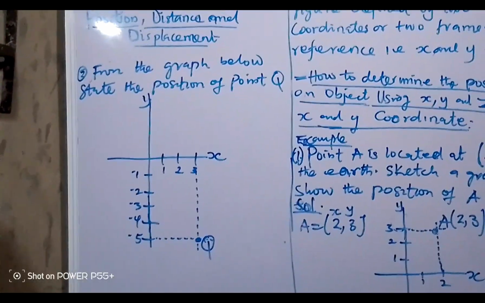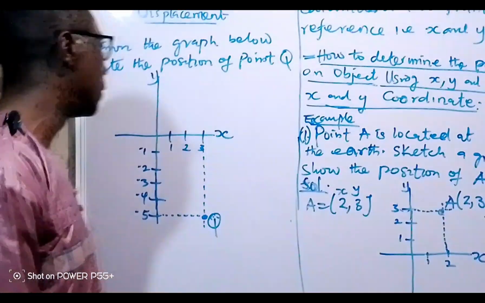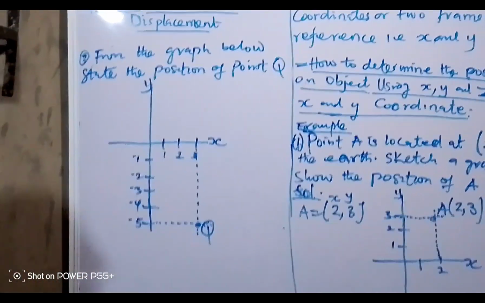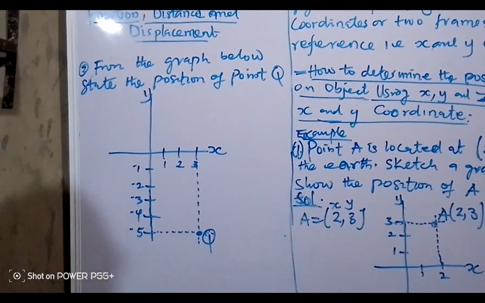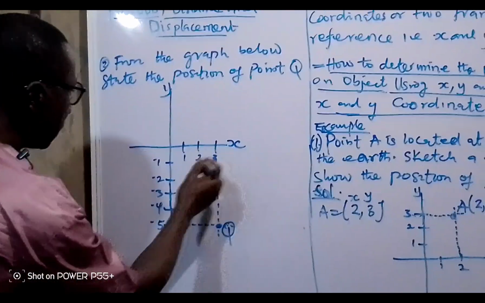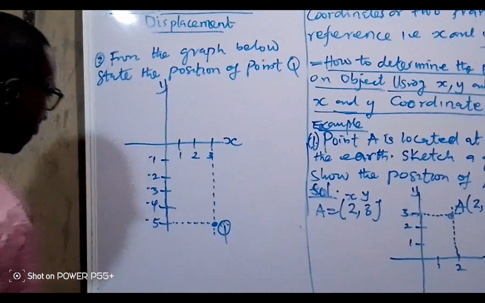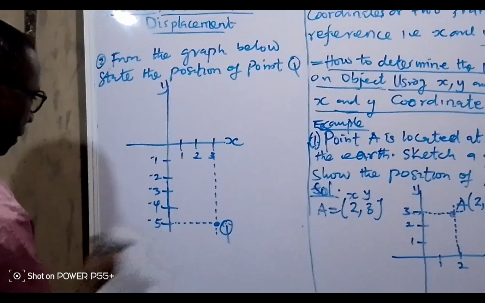Now, look at this example. It's just the opposite of this one. The graph for this one has been sketched there, and you need to state the position of point Q. If you look at it, for X, we have 3. For Y, it falls on the negative Y axis, we have -5.